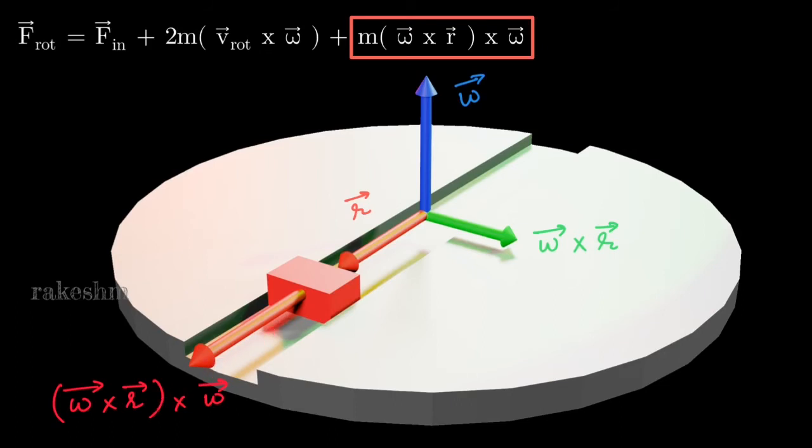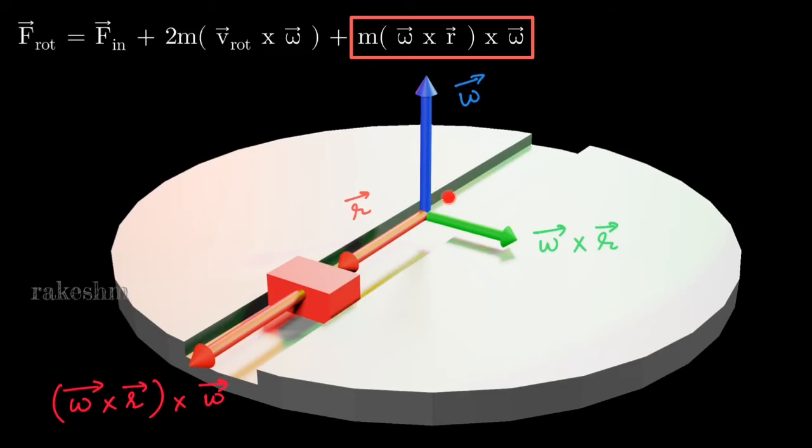Now if we write the magnitude of this vector omega bar cross r bar, these both are at 90 degrees, so the magnitude of this will be omega into r. Then again this vector cross this vector, omega bar cross r bar cross omega bar.